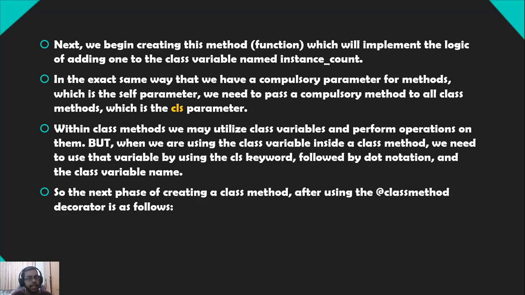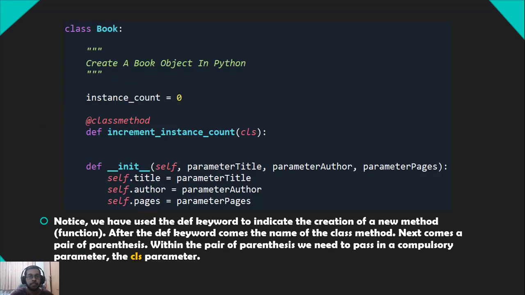So the next phase of creating a class method after using the @classmethod decorator is as follows. Notice we have used the def keyword to indicate the creation of a new method function. After the def keyword comes the name of the class method. Next comes a pair of parentheses. Within the parentheses, we need to pass in a compulsory parameter, the cls parameter.